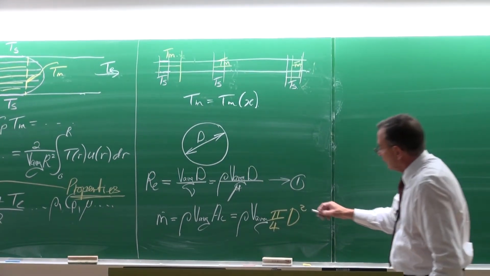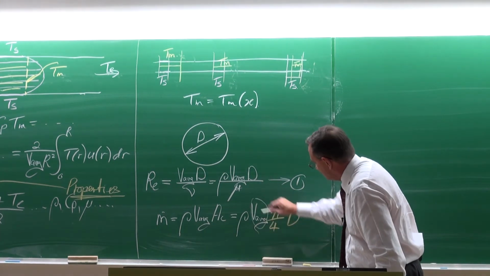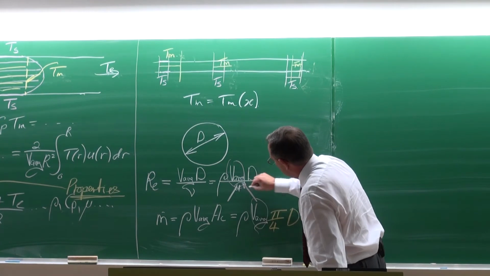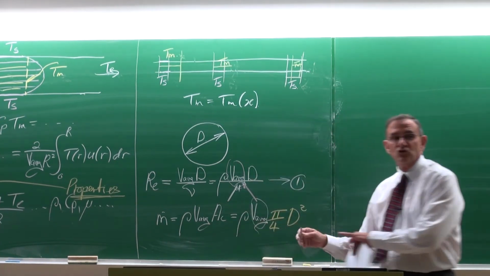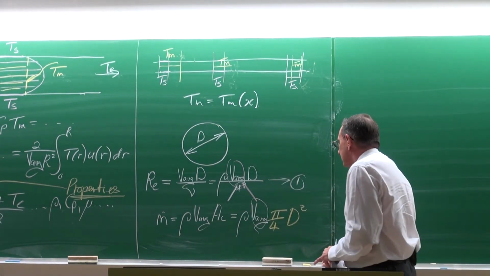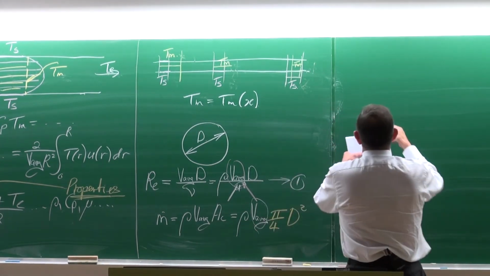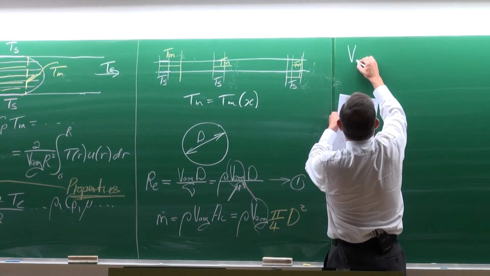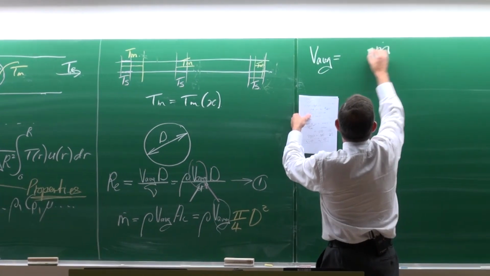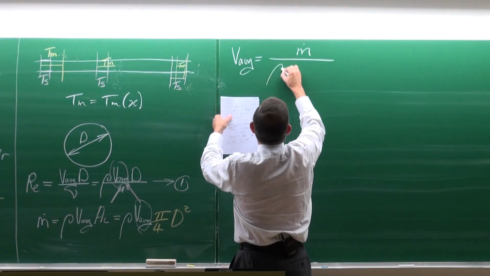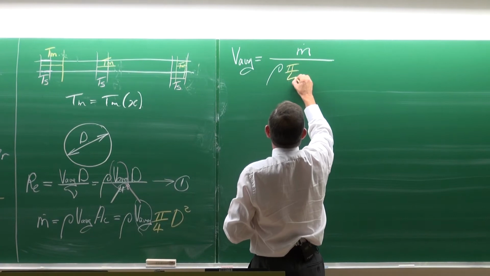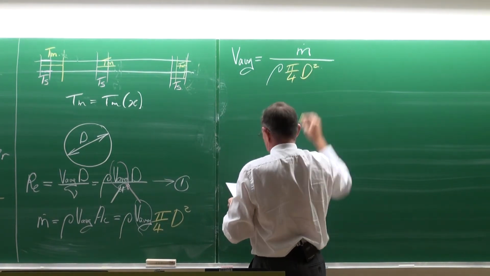Now you can write the average velocity as a function of mass flow rate and substitute it into this equation. So V average is equal to the mass flow rate divided by rho times pi over 4 d squared.